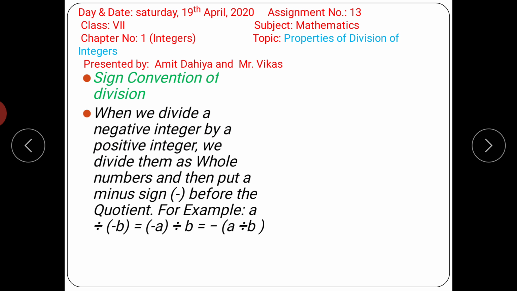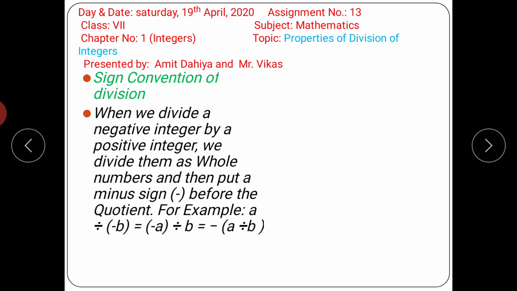Please remember that when we divide a negative integer by a positive integer, or a positive integer by a negative integer, we first divide them as whole numbers, without the positive or negative sign, and whatever quotient is there, we put a negative sign in front of that quotient.